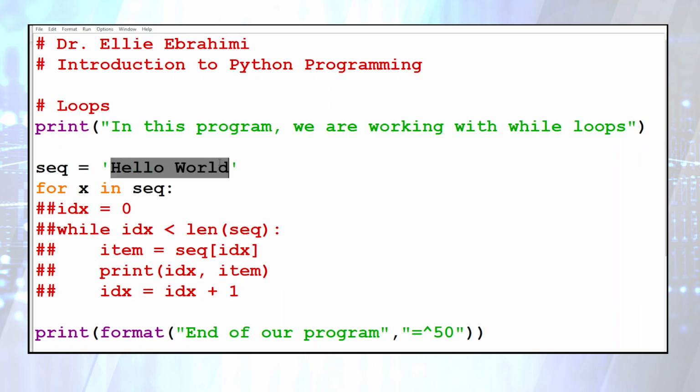Let's go with something simpler and just put some numbers. It's going to go through the sequence 3, 4, and 6. It's going to assign the first value in that sequence to this variable x. So x is going to be equal to string 3 first. Then in the next iteration, x is going to be assigned a string 4, and then in the next iteration, x is going to be assigned a string 6.